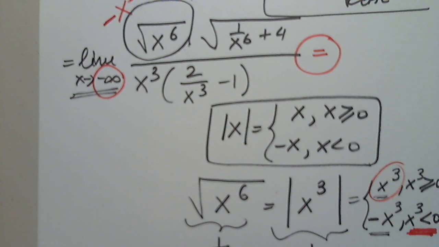Now it's done. That's why I wanted to squeeze it here on this page. Where is this going? And where is this going? When x approaches negative infinity. Or infinity, doesn't matter. Where is this going? And where is this going? 0. Yes, these are 0.